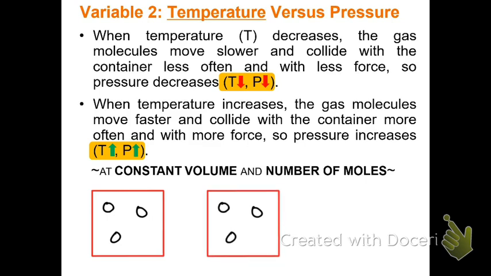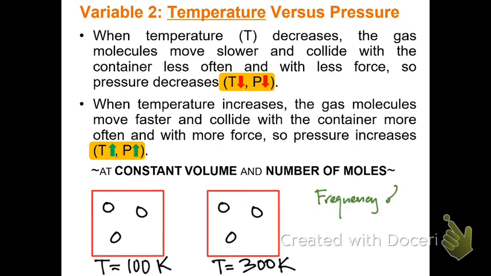The only difference here is temperature. The temperature for the first one on the left is, let's say, 100 Kelvins. And on the right-hand side, the temperature is tripled, 300 Kelvins. Again, you always want to think of frequency of collision here. How is this going to affect the frequency of collision?